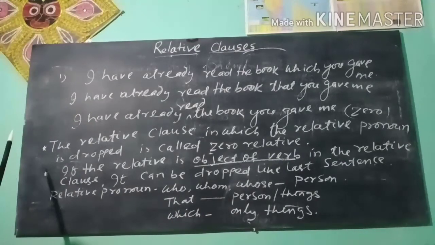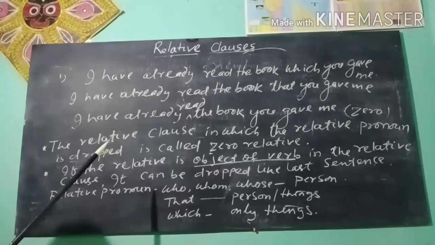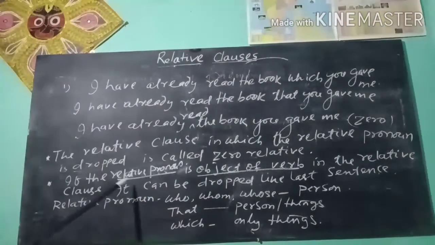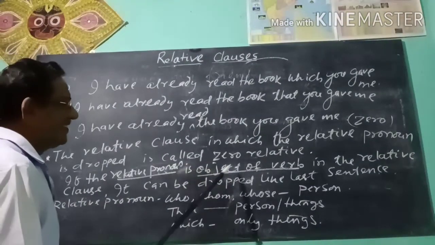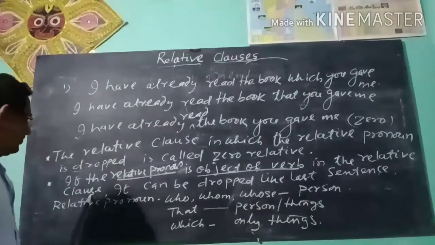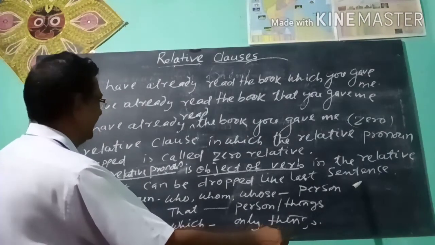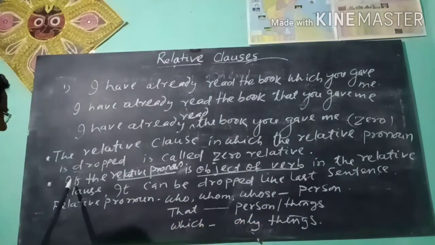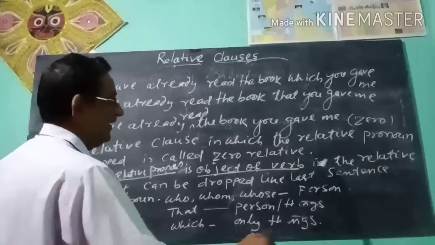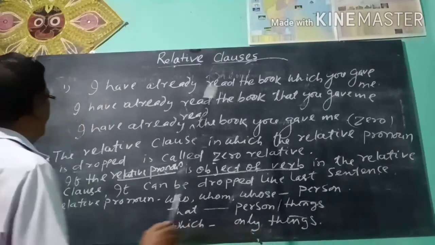There is a question. When the relative pronoun is dropped in a sentence, why? The answer is, if the relative pronoun is the object of the verb in the relative clause, it can be dropped like in the last sentence.